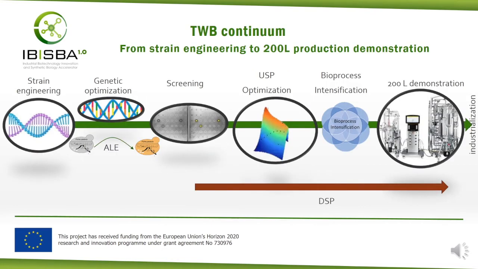TWB manages the whole workflow from strain engineering to 200 liters production demonstration. The different intermediate steps include genetic screening, phenotype screening, deep phenotype characterization, development, and optimization.